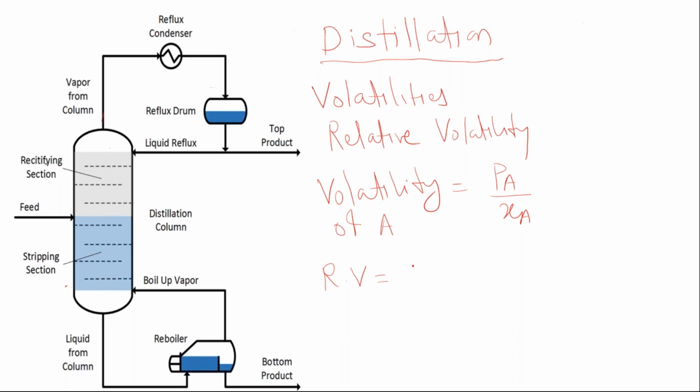It means it is compared with the other substance. Suppose only two substances are involved in the feed, then we can say the relative volatility is the ratio of volatility of A to the volatility of B. And this volatility of A can be defined in terms of the PA upon XA ratio. In a similar way, VB can be defined as PB upon XB, right?